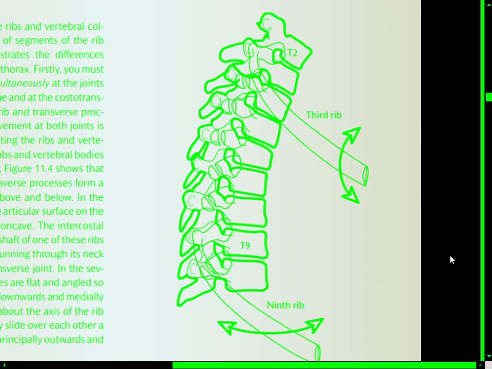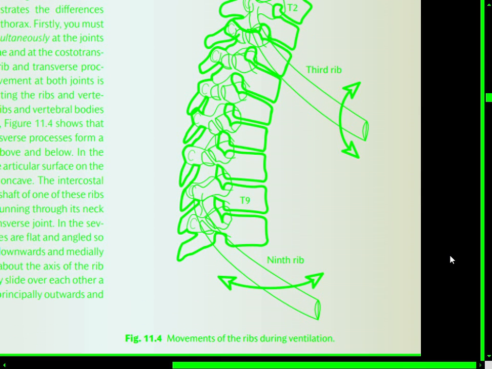Moving on, after we finished this long, boring box of information talking about movement and ribs, vertebrae, articulation, and joints, here we have the figure that we were promised, the movements of the ribs during ventilation. It's only showing T2 to T9, the thoracic vertebrae, and also the 3rd and the 9th ribs.